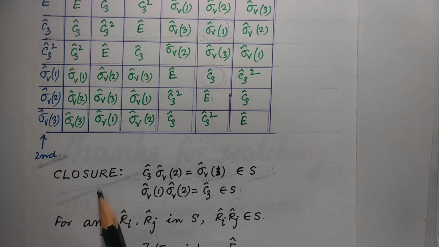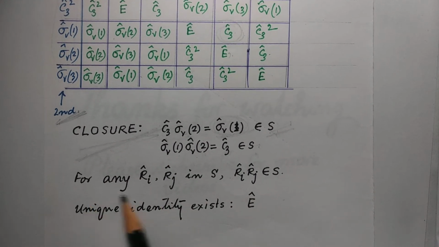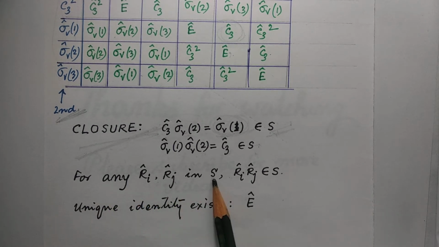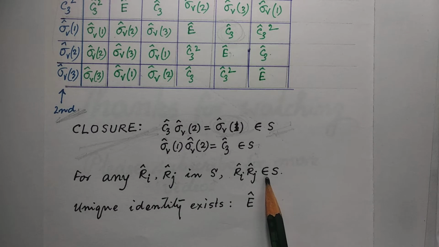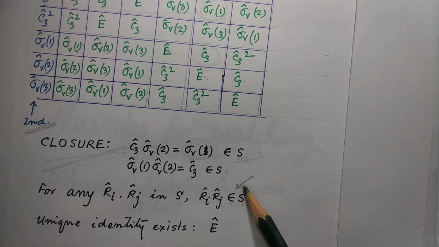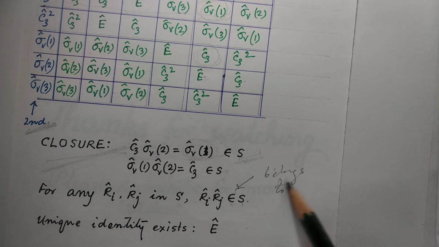Closure property holds for the set S. Written simply, for any Ri and Rj in S, Ri Rj belongs to S. This symbol stands for belongs to.